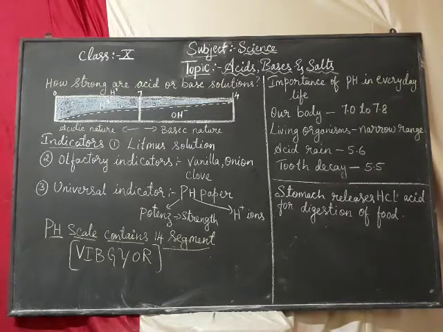The smell of onion or vanilla diminishes in a base, means it becomes less, and remains as it is in an acid. If you mix an acidic substance, the smell will not change, but once you mix with the base, the smell changes. With the smell we can tell it is an acid or a base, but how strong and how weak we don't know with that also.